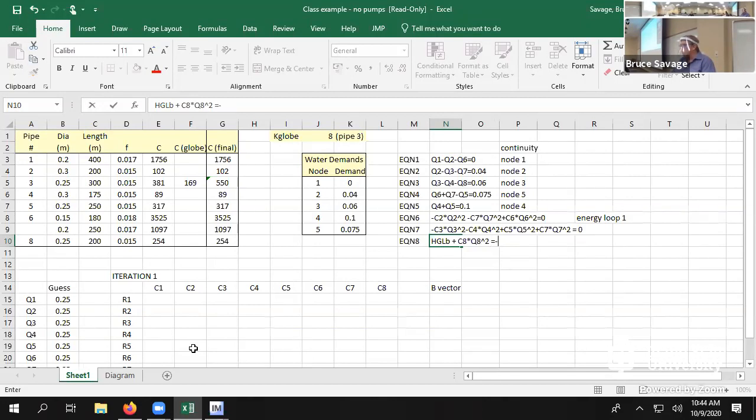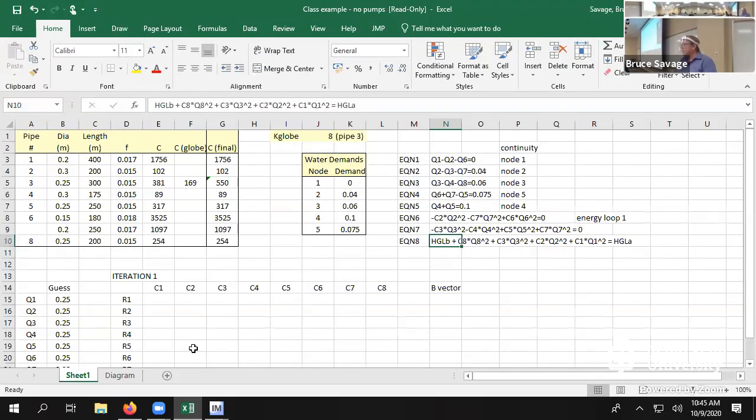That takes me over to pipe 3, plus because I'm going against that as well, so plus C sub 3 times Q sub 3 squared. The next is pipe 2, still going against it, so plus C sub 2 times Q sub 2 squared. And I get to pipe 1, going against that as well, so plus C sub 1 times Q sub 1 squared, and that has to equal the hydraulic grade line of A.